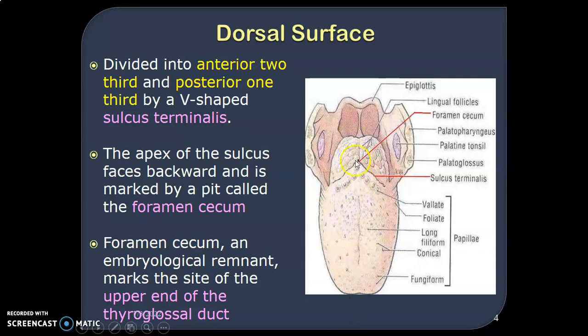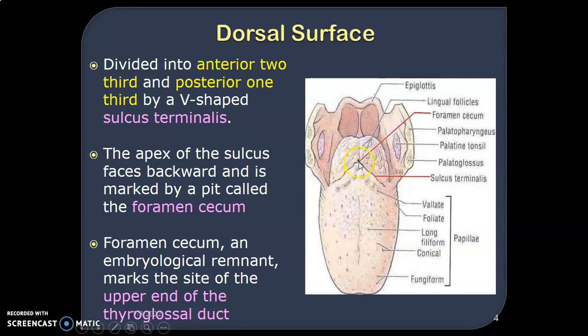The apex of this sulcus faces backwards, as you can see, and it's usually marked by a pit, which we call the foramen cecum. This foramen cecum is usually the embryonic remnant, and it marks the site of the upper end of the thyroglossal duct. Remember, the thyroid gland descends from this foramen cecum downwards to the anterior part of the neck, and it's usually connected to this part of the tongue by a thyroglossal duct.